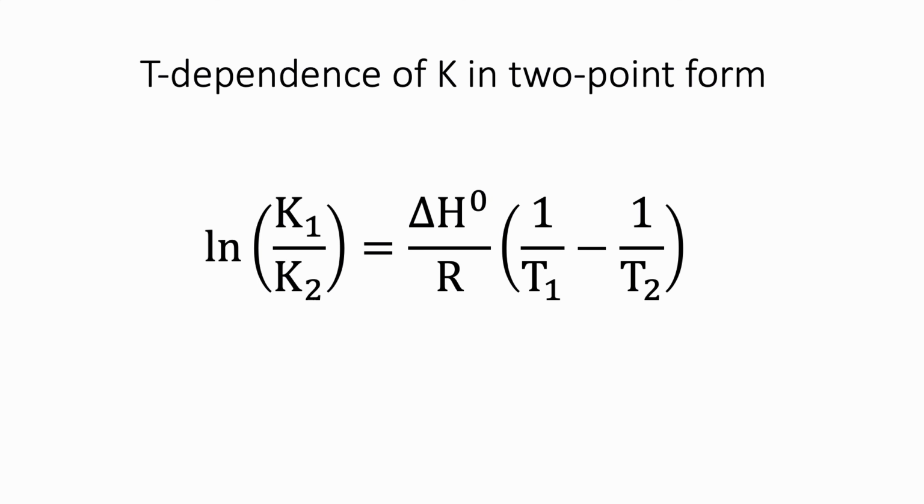First, we have a ratio of equilibrium constants rather than a ratio of pressures or rate constants. We're multiplying our inverse temperatures by a ratio of delta H naught for a reaction divided by the gas constant. So that is also very similar to what we've seen before.